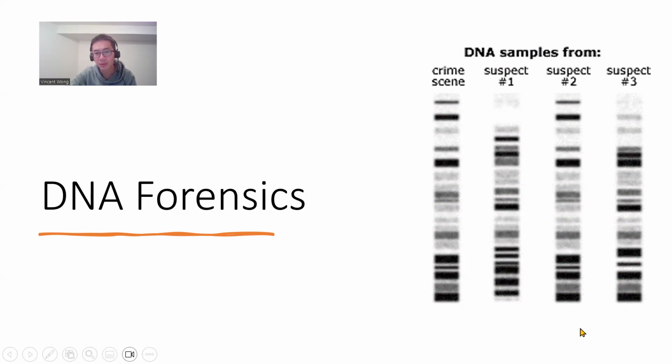Which one is the perpetrator? Which one should we charge? Second one, the middle one, right? The DNA looks exactly the same. You see? These are tandem repeats. So that's called DNA fingerprinting. Understand?